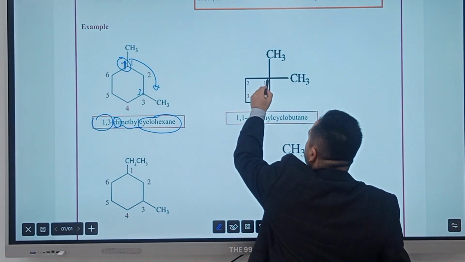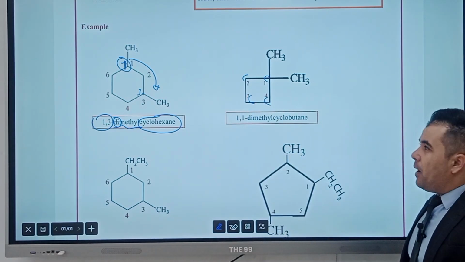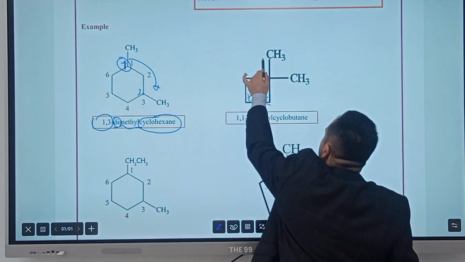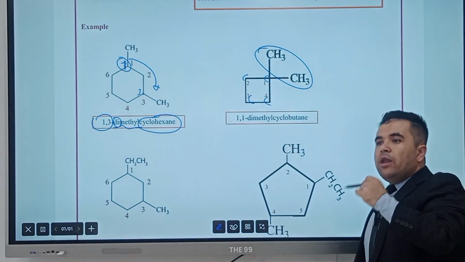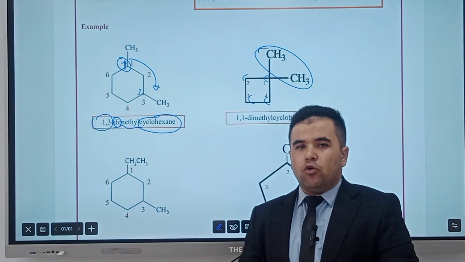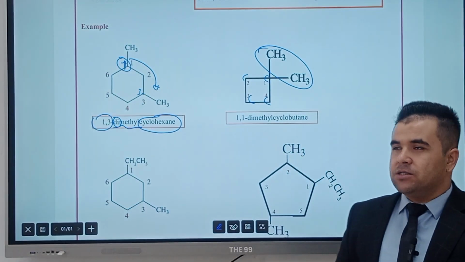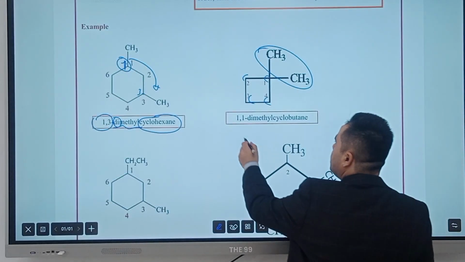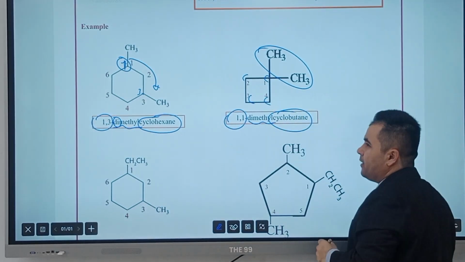Here we have 1 carbon, 2, 3, 4. It's cyclobutane, the parent, but on the first carbon we have 2 methyl branches. When we have the same 2 branches on the same carbon, you have to repeat the number of that carbon twice. So here we have repeated 1, 1, dimethyl cyclobutane.